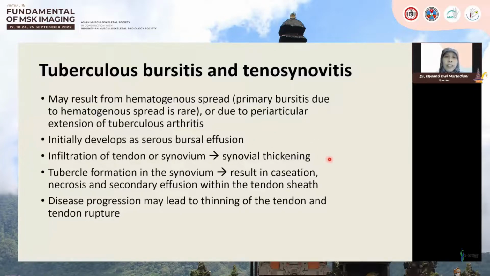If there is infiltration of tendon or synovium, synovial thickening can happen. Tubercle formation in the synovium can result in caseation, necrosis, and secondary effusion within the tendon sheath. If the disease progression worsens, it may lead to thinning of the tendon and tendon rupture.